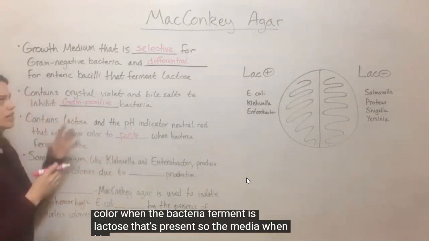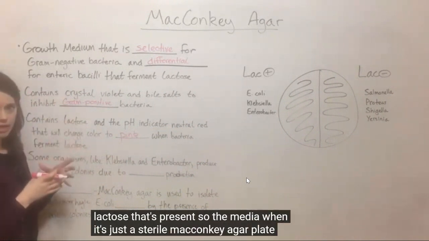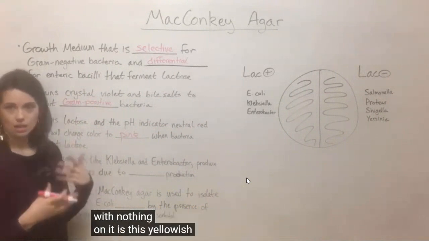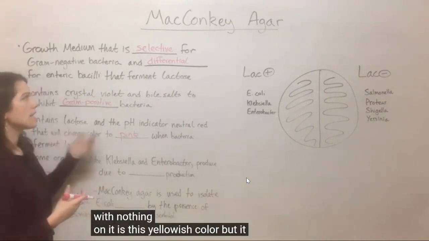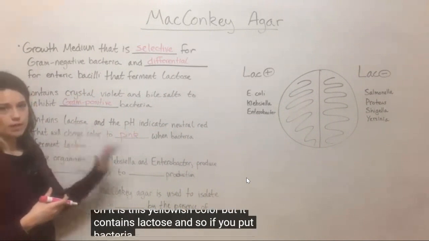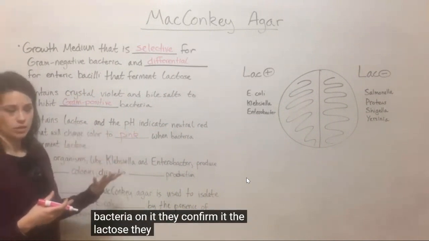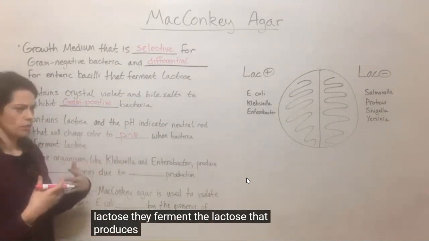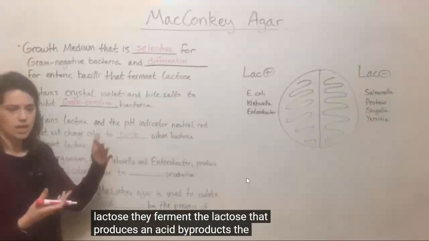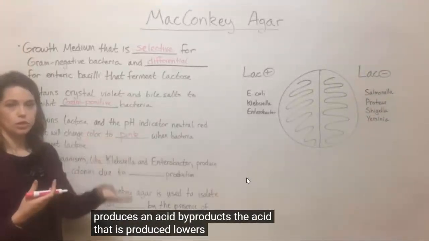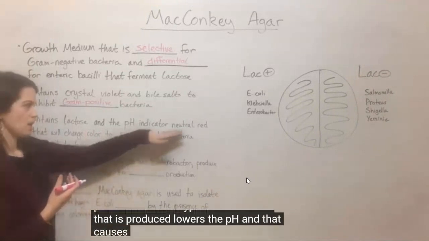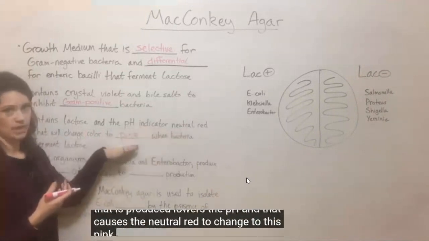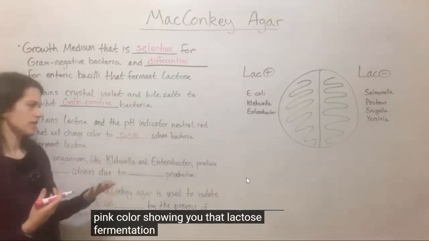So the media, when it's just a sterile McConkey agar plate with nothing growing on it, is this yellowish color, but it contains lactose, and so if you put bacteria on it that can ferment the lactose, they ferment the lactose, that produces an acid byproduct. The acid that is produced lowers the pH, and that causes the neutral red to change to this pink color, showing you that lactose fermentation is happening.